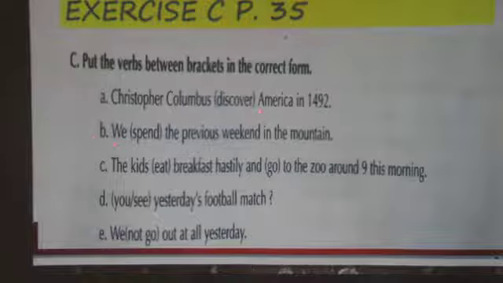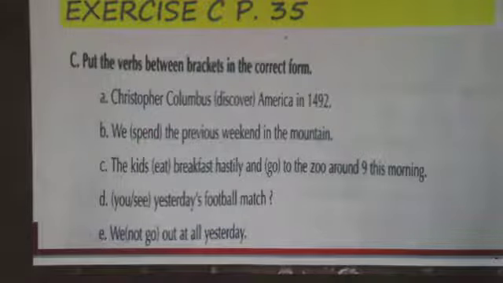Now B, we spend, the verb to spend, the previous weekend, which means the last weekend, in the mountain. Once again, we're going to put the verb in the simple past.